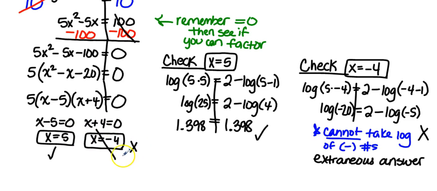Cross it out. Underneath it, please write extraneous, which means the only real solution for number 3 is x equals 5. So this shows us the importance of the check, because before the check we thought we actually had 2 real answers when in reality we only have 1.